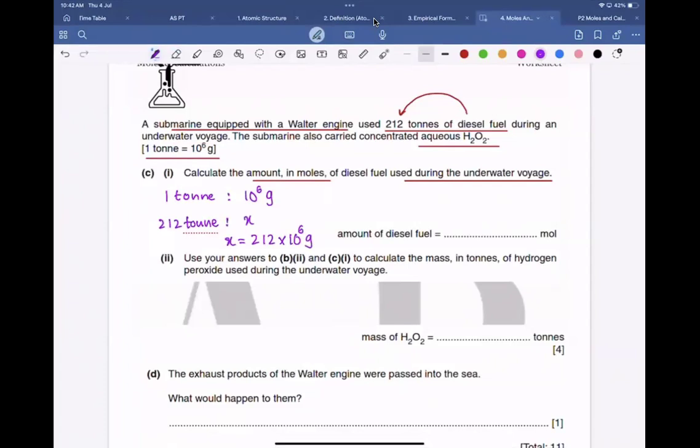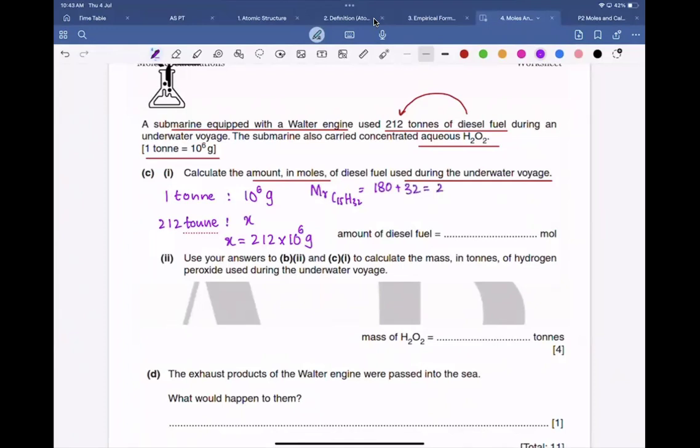Yes. Okay. Now, which formula will we use to find the moles? Moles equals mass over Mr. So it means I need the Mr of diesel, right? Yes. So C15H32. So C15, 12 times 15 is 180, and plus 32?